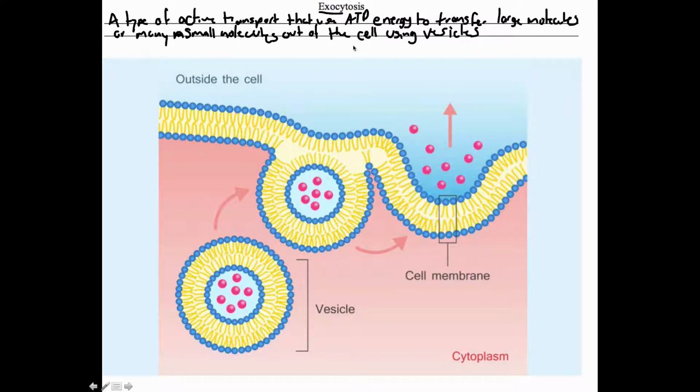So the key here is the fact that it is a type of active transport. So we know that energy is going to be involved.